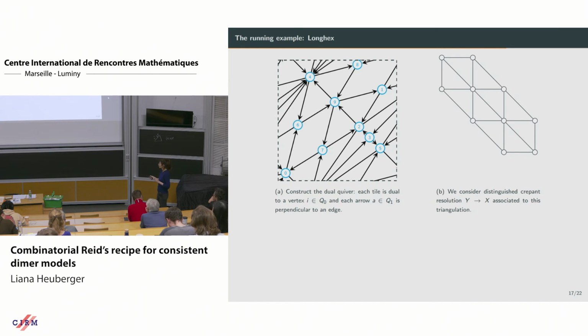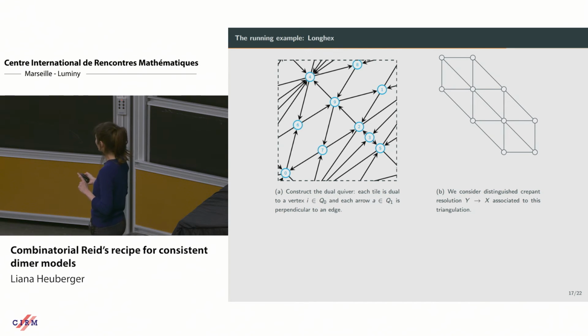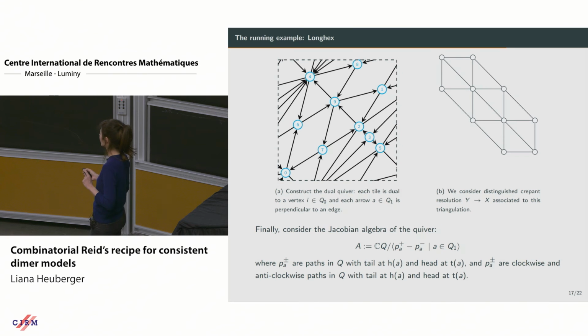Okay, and basically choosing where the 0 vertex is here is equivalent, again in a combinatorial way that I'm not explaining in this talk, to fixing a crepant resolution of the polygon. Okay? And now you need one more object in order to be able to state anything here. And this is the Jacobian algebra of the quiver.